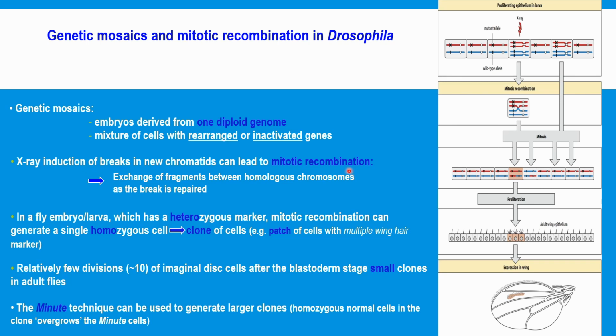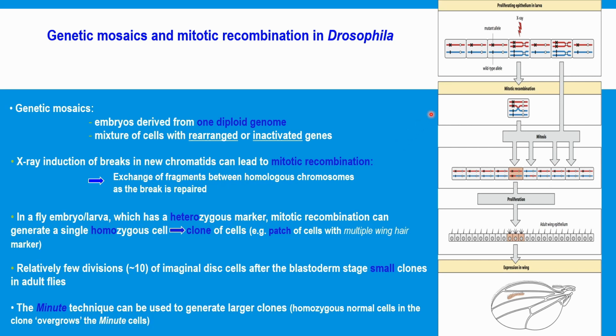But this is called mitotic recombination. It's not a normal thing. Normally when we speak about recombination, we're thinking of meiosis, meiotic recombination that happens in the germ cells. So here we have in the somatic cells an induced type of recombination that's dependent on this repair machinery, the double-strand break repair machinery, that can give mitotic recombination.